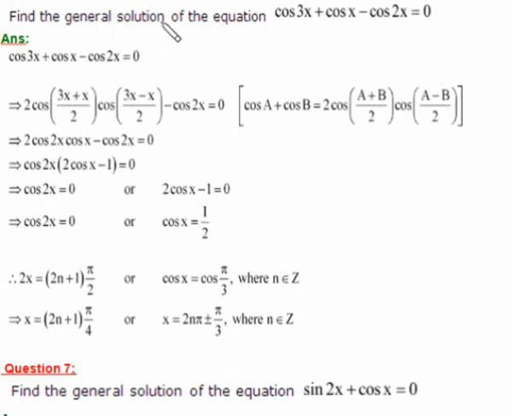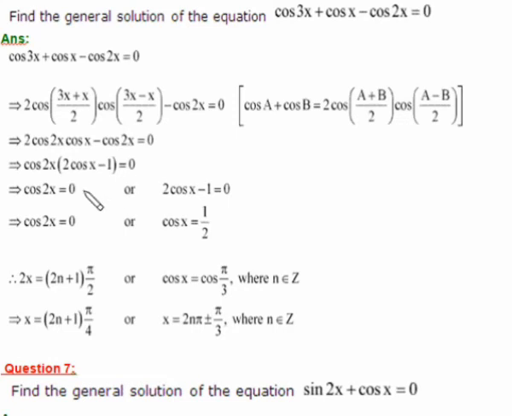Now see the question: general solution of the equation cos 3x + cos x − cos 2x. Similarly, we apply the same formula for cos A + cos B. We get 2 cos 2x cos x − cos 2x. Take cos 2x common: cos 2x (2 cos x − 1).